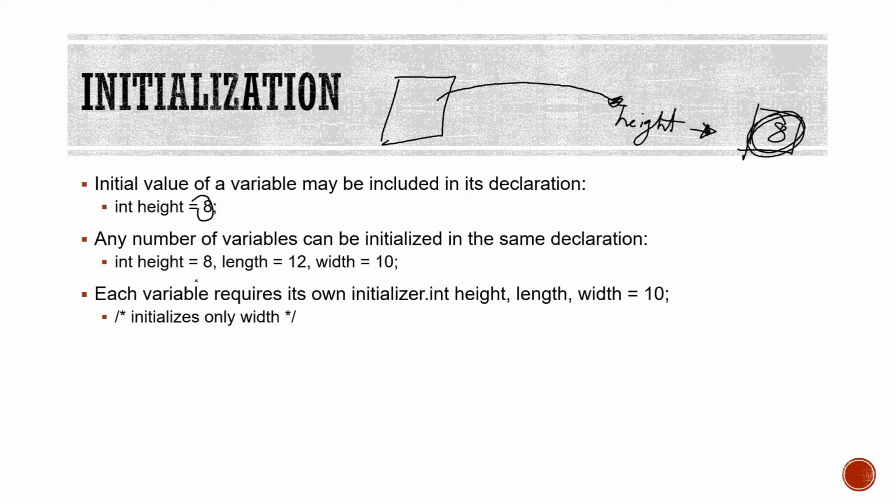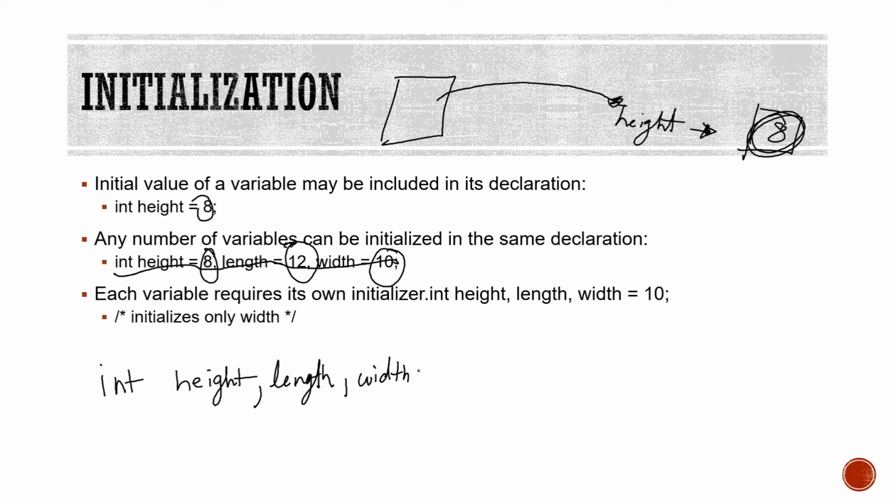And like I said before, these are allowed to be initialized at the same time. So what's happening here is that height is 8, length is 12, and width is 10. But if we have it as int height, length, and width 10, only width is being initialized.